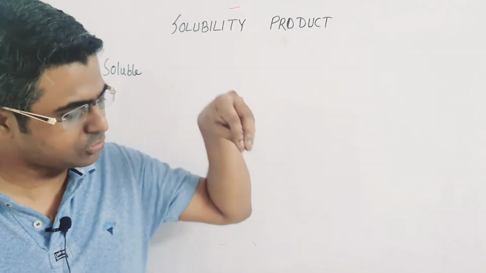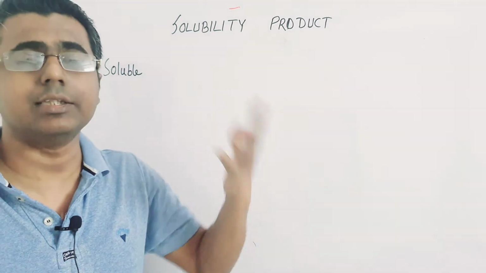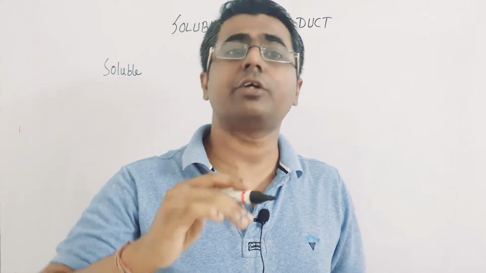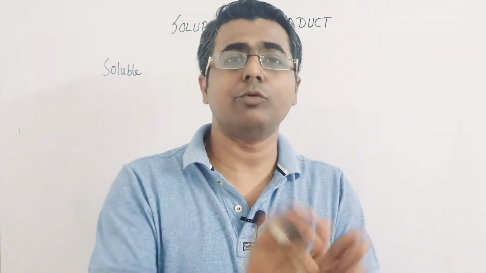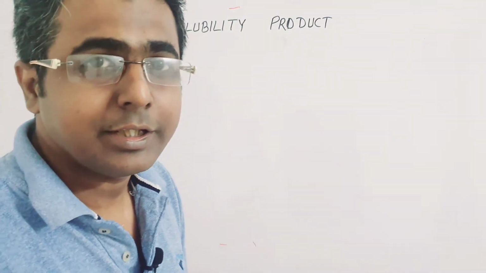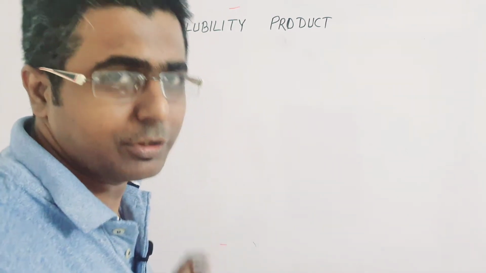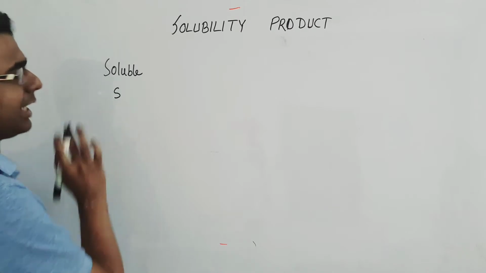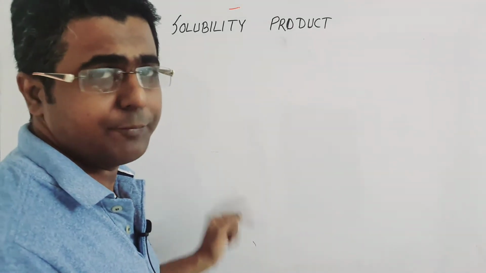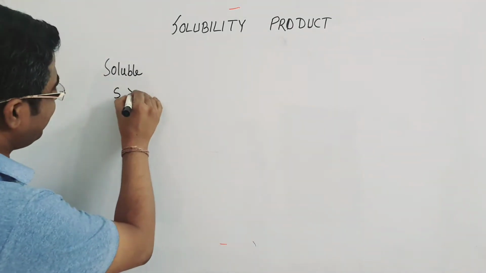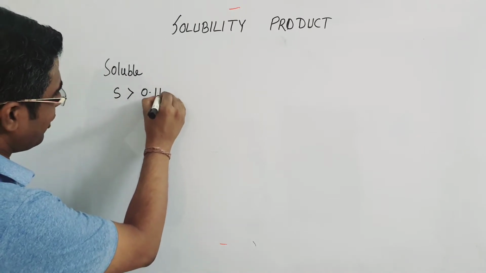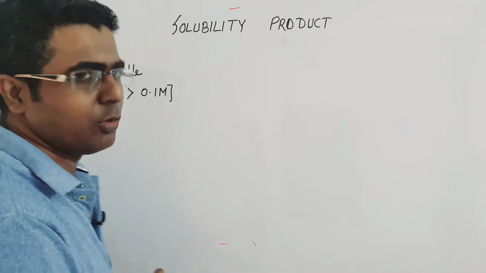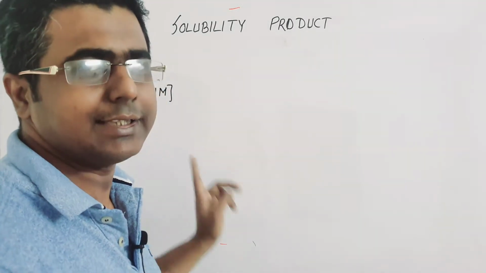That means when the salt goes inside water, the concentration can reach more than 0.1 molar, so we will call it a very soluble salt. That is a good solubility. If solubility is denoted as small s, and the solubility is more than 0.1 molar, then you will consider it a soluble salt.